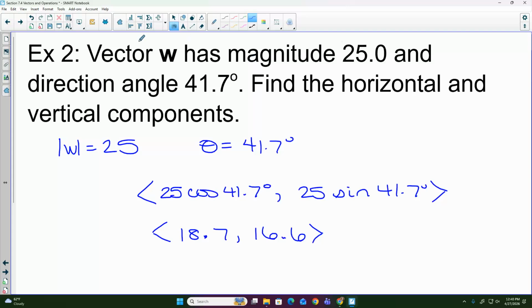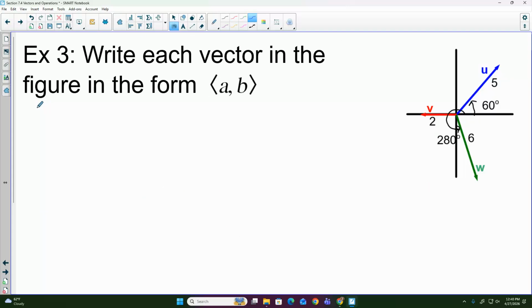Just a couple more. So the next one, I gave you pictures, and I want you to write each of the vectors. So I have three different vectors represented: vectors U, V, and W. So if I wanted vector U, my magnitude is just the length of this, which is 5.